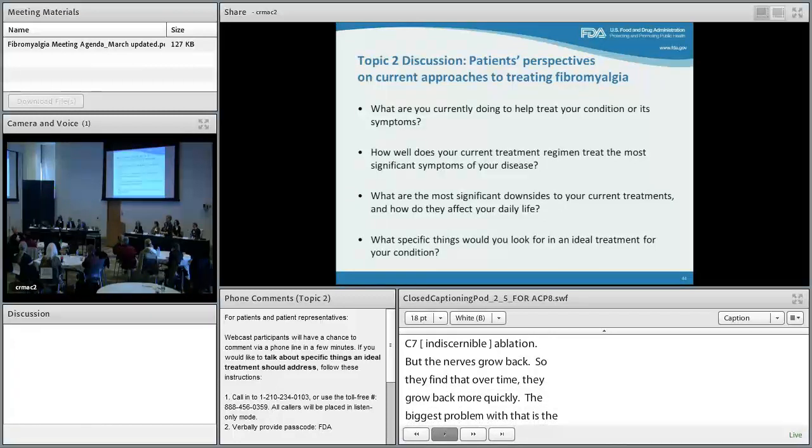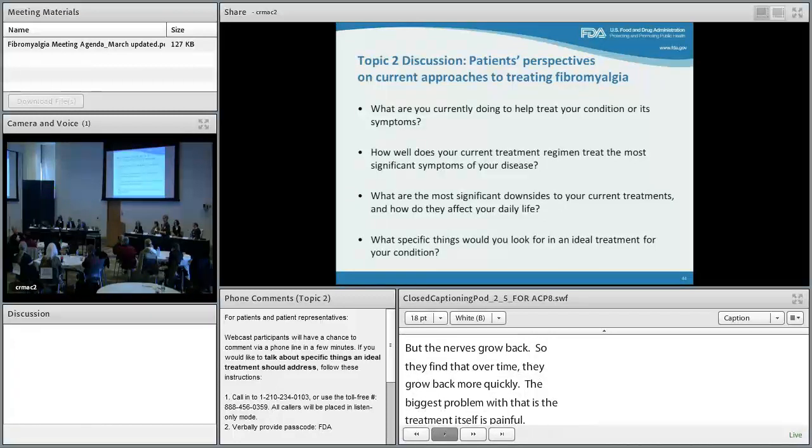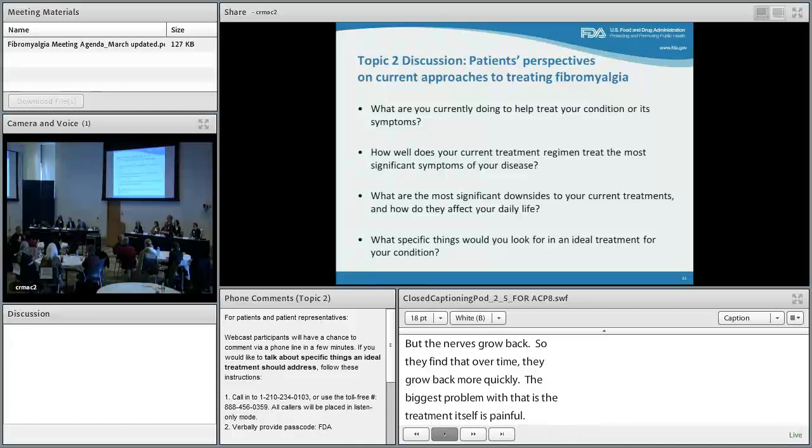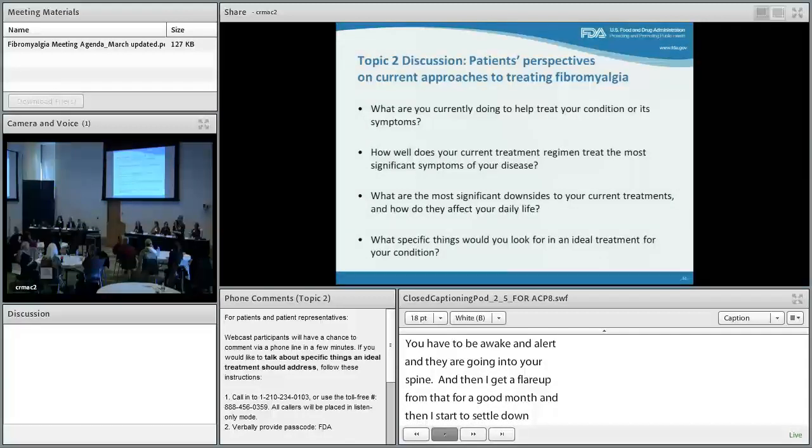The biggest problem is that the treatment itself is extremely painful. You have to be awake, you have to be alert, and they're going into your spine. Then I get a flare-up from that for a good month, and then I start to settle down again. For me, that's one of the biggest issues: some of the treatments can be very painful in and of themselves and cause flares.